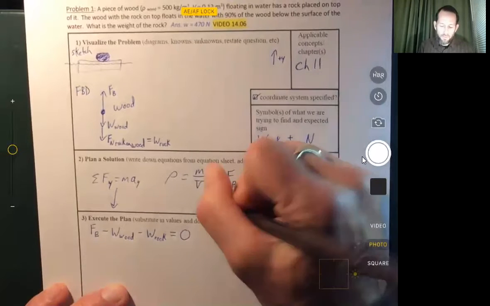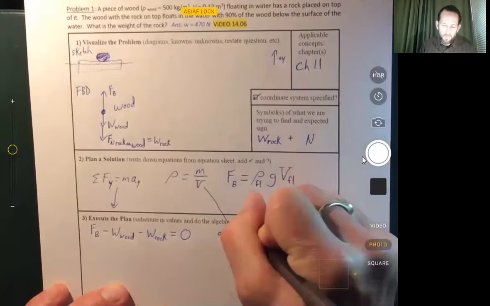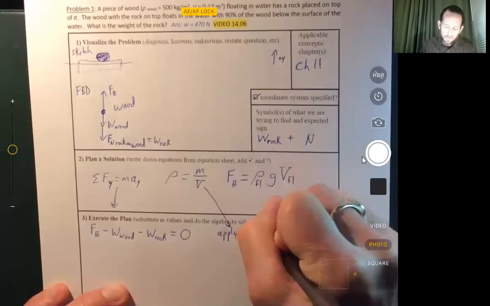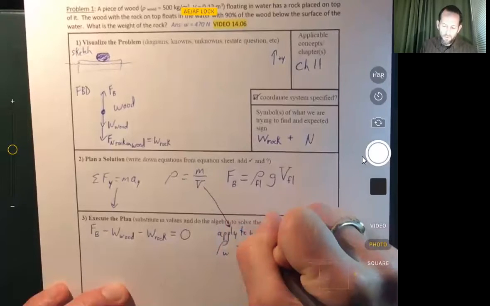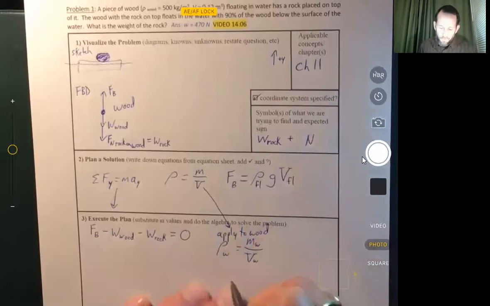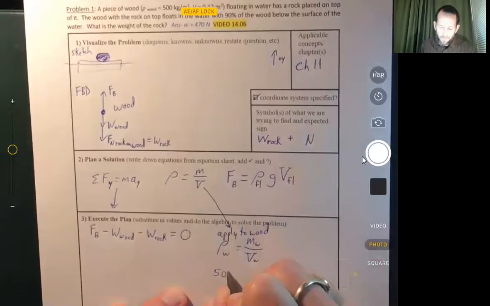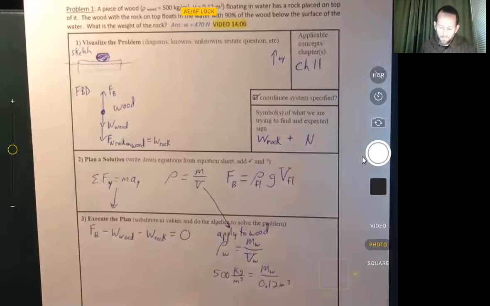So let's use this equation, apply to the wood. All right, so the density of wood equals the mass of wood over the volume of wood. So 500 kilograms per cubic meter equals mass of wood divided by 0.12 meters cubed.